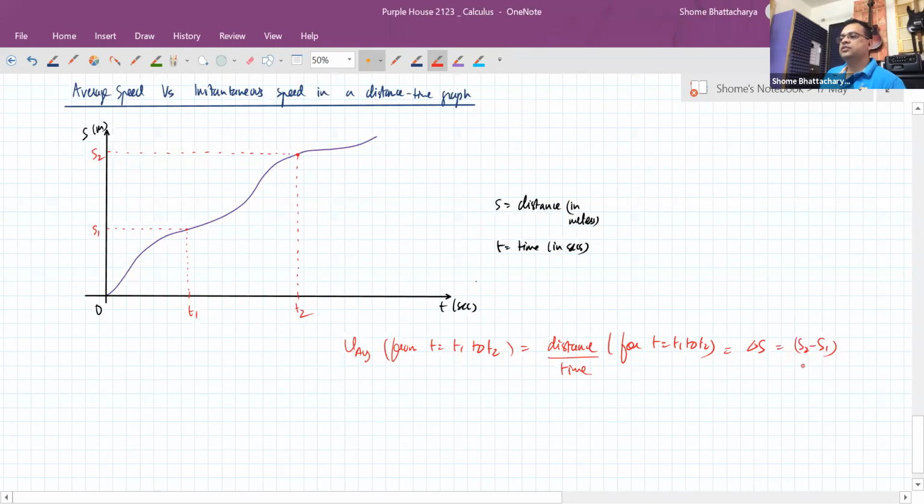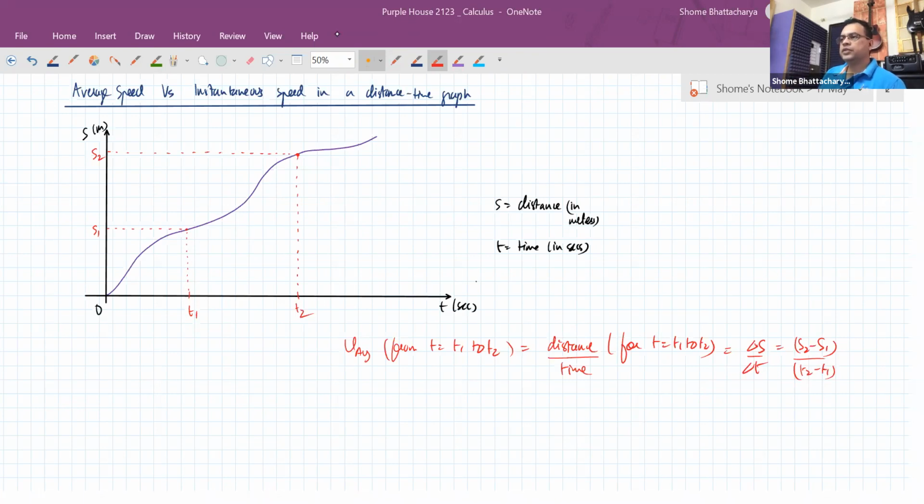This difference of S2 minus S1 is what we call the change in distance. From the beginning, the distance was S1 at T1 and it was S2 at T2. So what is the distance traveled from T1 to T2? It is the change in the quantity S from T1 to T2, so it is S2 minus S1. Similarly, what is the change in time during this time? It is nothing but T2 minus T1. Understood the point now? Why we use delta S for distance in average speed?